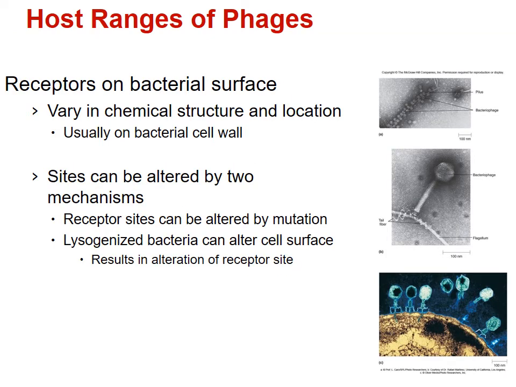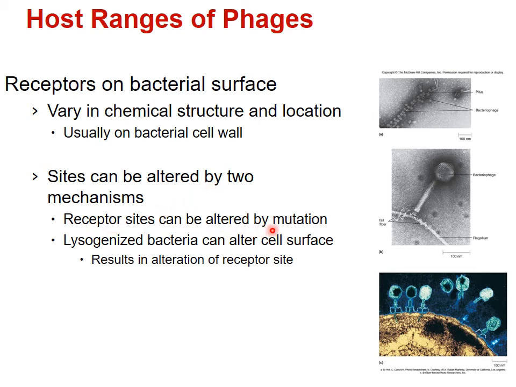Okay, so the bacteria have receptors on their surface. These vary in their structure and their location, usually located in the membrane or the bacterial cell wall. These receptors can be altered by a couple of different mechanisms.